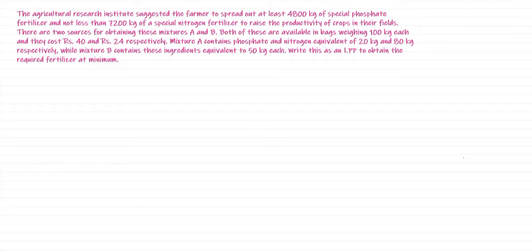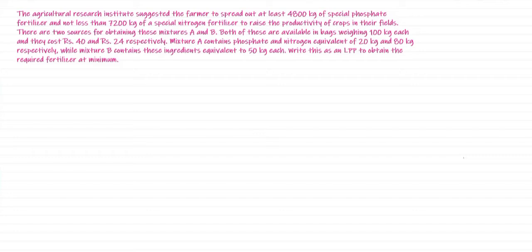The question is, the Agricultural Research Institute suggested the farmer to spread out at least 4,800 kg of special phosphate fertilizer and not less than 7,200 kg of a special nitrogen fertilizer to raise the productivity of the crops in their fields. There are two sources for obtaining these mixtures, A and B. Both of these are available in bags weighing 100 kg each, and they cost Rs 40 and Rs 24 respectively.